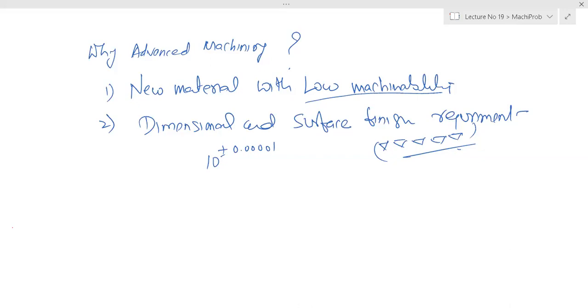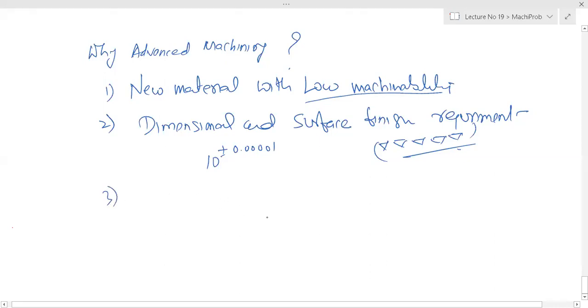There are many things, but you have to look at the important consideration. So surface finish is there, but I always appreciate if you read more, because I cannot cover it all here.